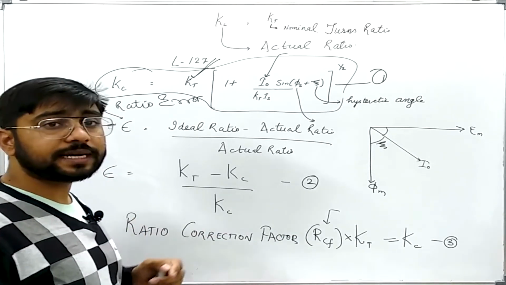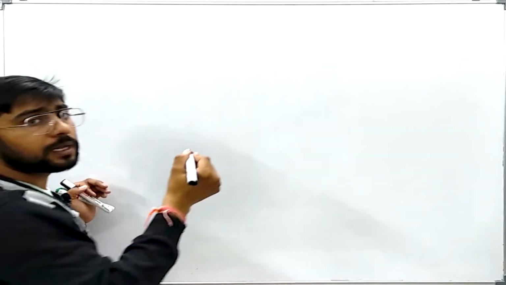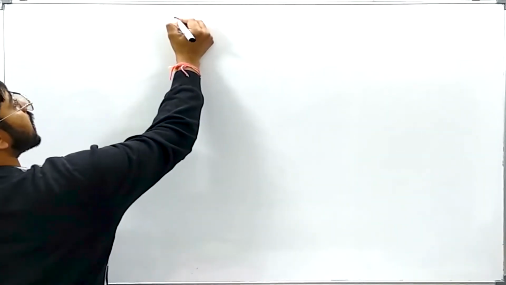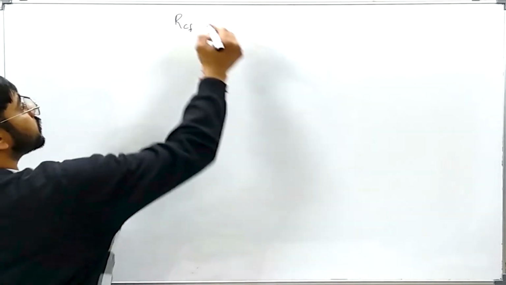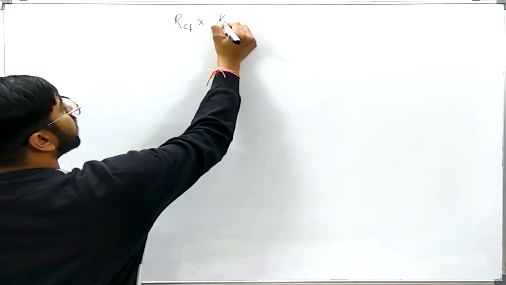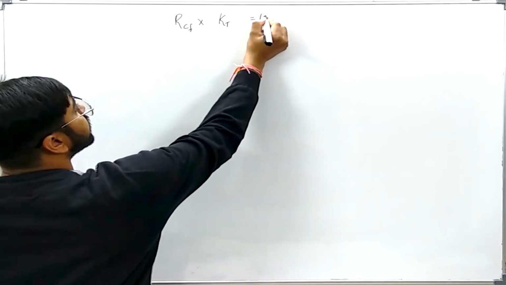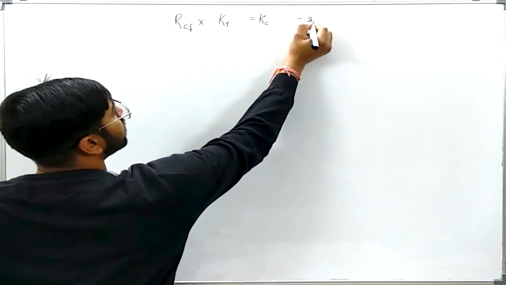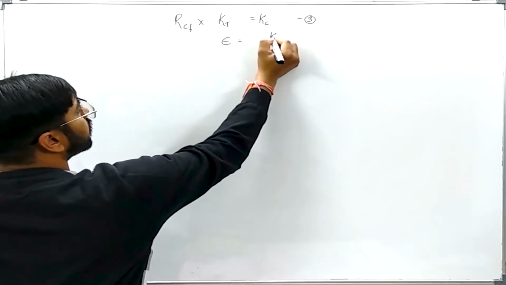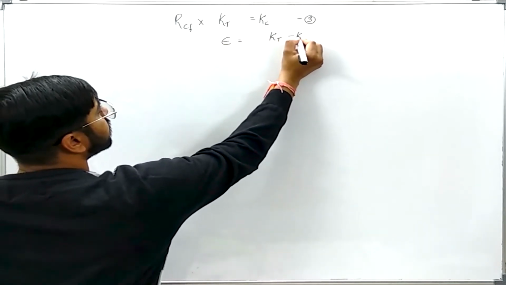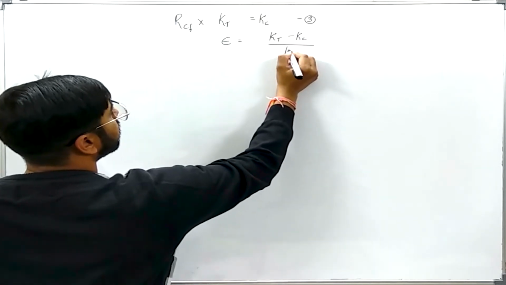That we will do in the next slide. Now let us find the relation between RCF and the ratio error. RCF into KT is equal to KC. This was equation number 3, and error was equal to KT minus KC over KC.